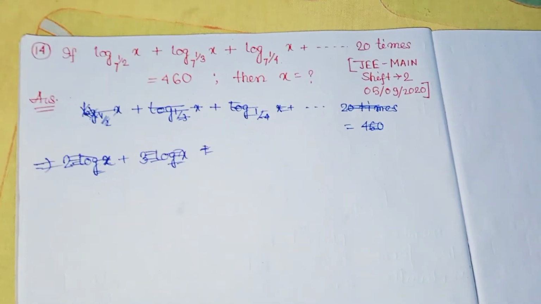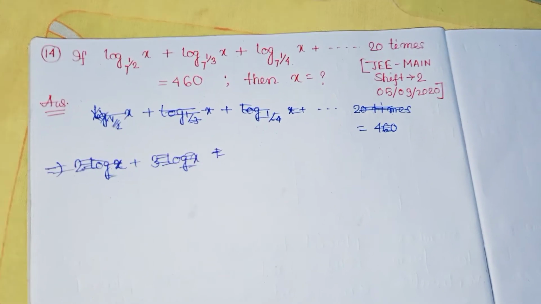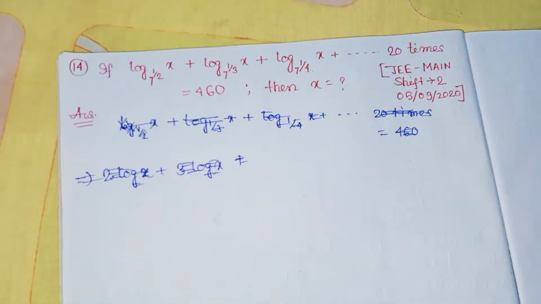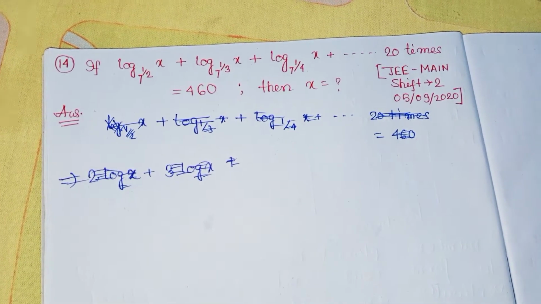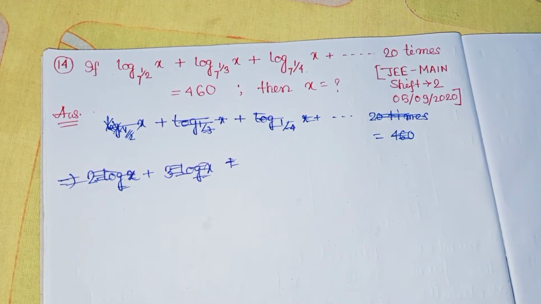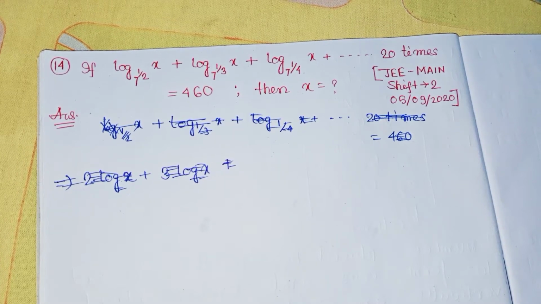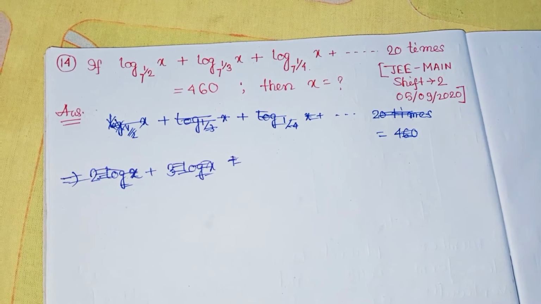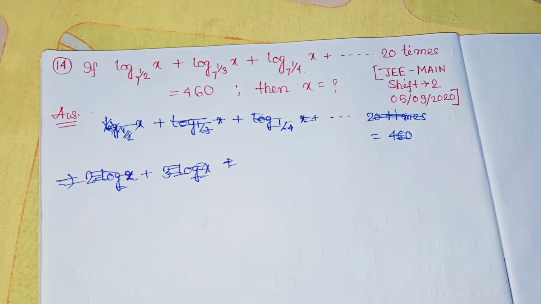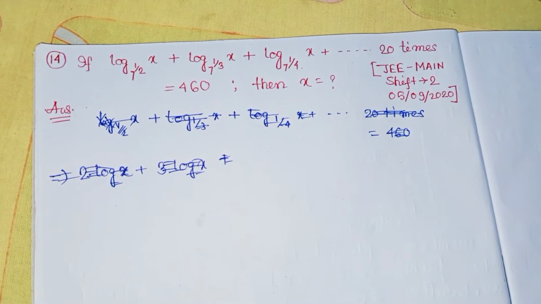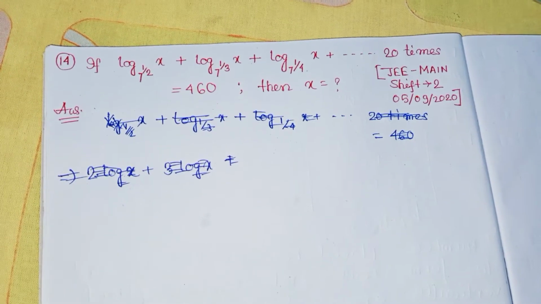Today we solve JEE Main Shift 2, 5th of September 2020, question number 14. If log base 7 to the power 1 by 2 of x, plus log base 7 to the power 1 by 3 of x, plus log base 7 to the power 1 by 4 of x, and so on, 20 terms, is equal to 460, then x is equal to what?